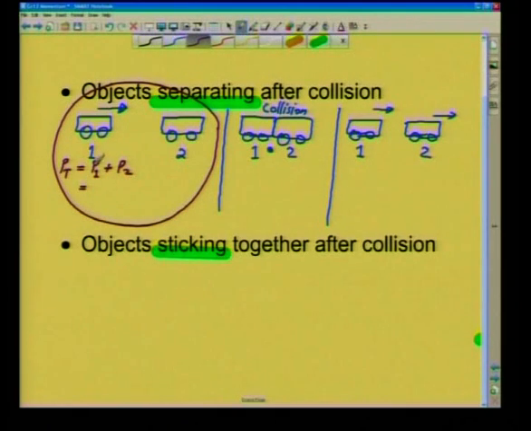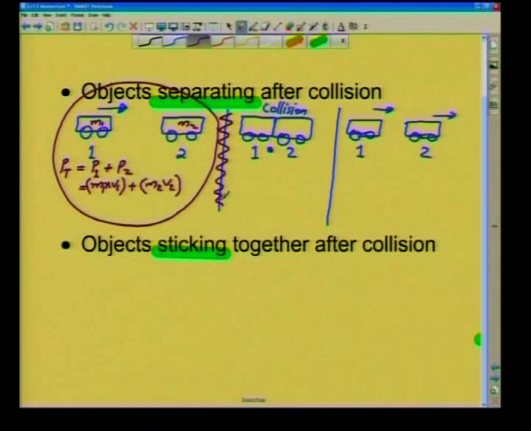Now, what is momentum of 1? Momentum of 1 is mass of 1, this mass here, object 1, object 2. Mass of 1 times velocity of 1 plus mass of 2 times velocity of 2. Now, this is total momentum, but we have got a situation where there is this occurrence here.